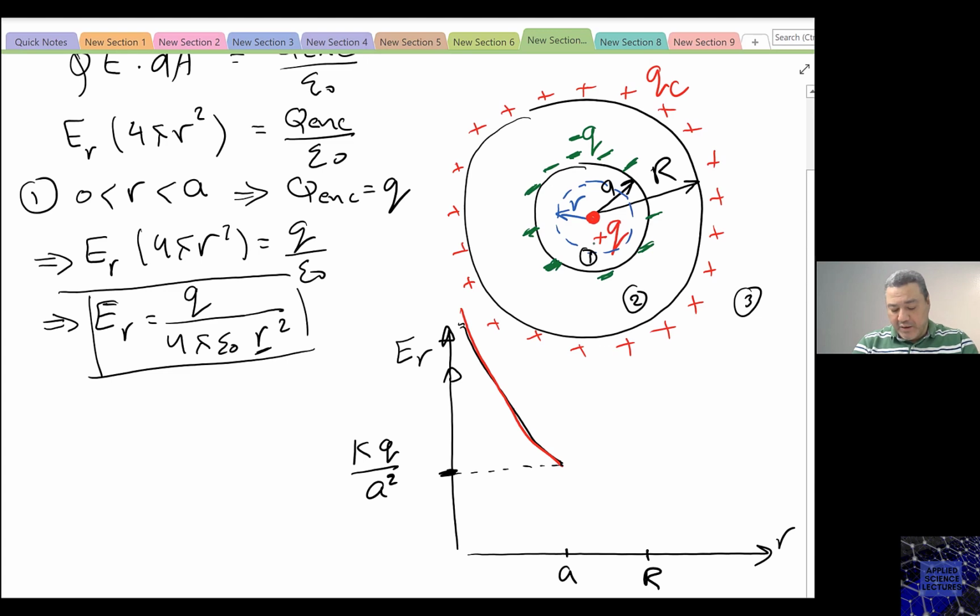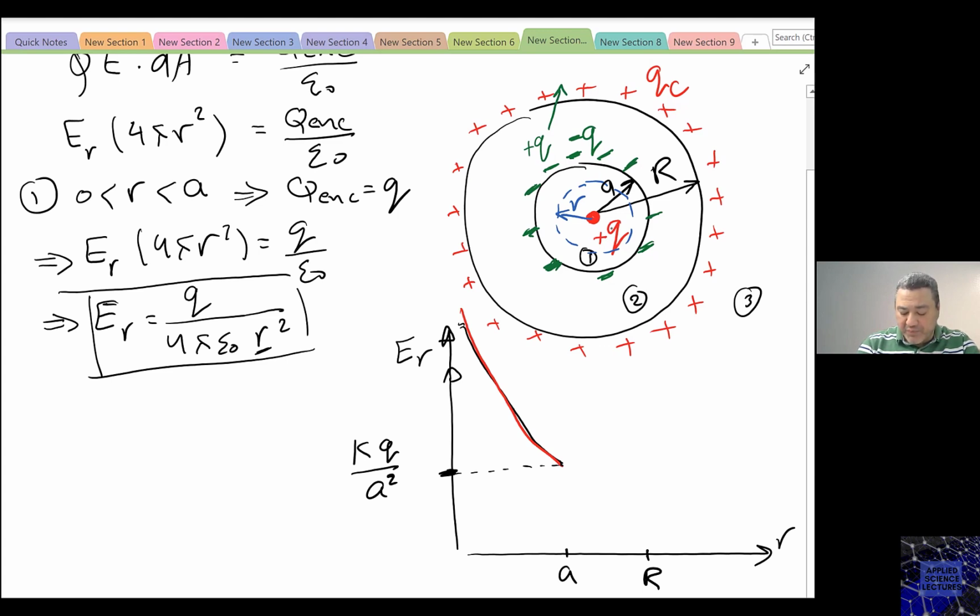So remember that the conductor itself is neutral. However, because of this point charge that I put at the center of the cavity, this point charge polarized this neutral conductor, forced the negative charges to come close to it, and pushed away the positive charges.